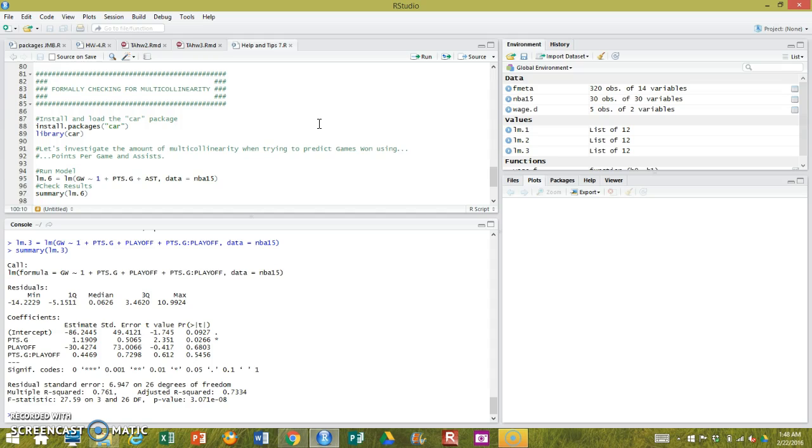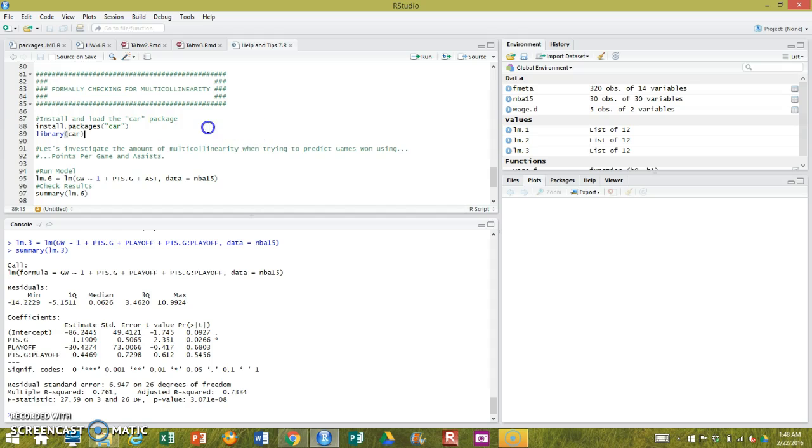And sometimes we just want to have a really high R-squared and as strong prediction power as possible, and so multicollinearity isn't really a concern at that point. But that's not going to be the focus in this class. I just want to let you know that multicollinearity can very well exist in your model, and you could still have a perfectly fine model depending on what you want to do with it.